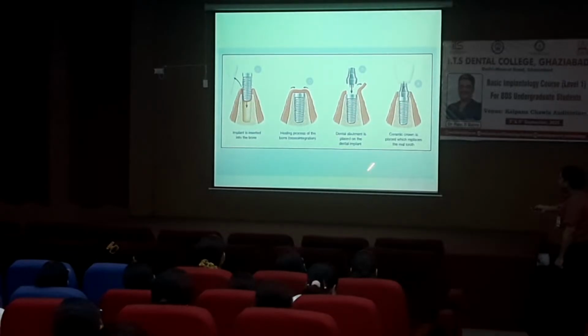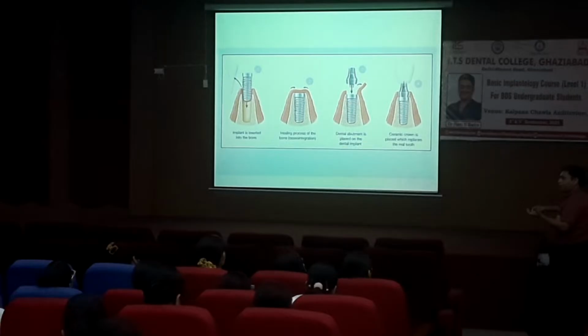Then after the 3 months, we take a radiograph. If the implant is osseointegrated, then we go for the second stage surgery. We just open the implant and put a gingival former for 1 week. Once the collar is formed around the implant, then we go for the abutment, the impression and crown fabrication. So these are the basic steps: implant insertion, healing, then second stage surgery and the crown.